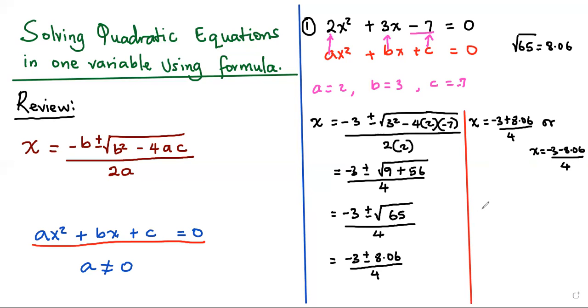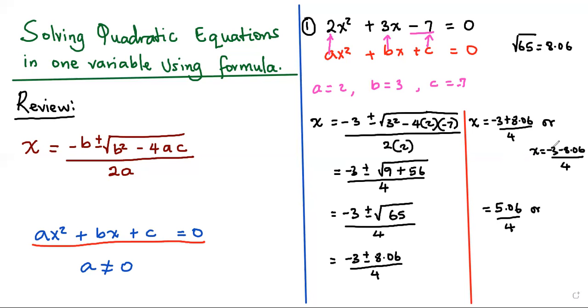And then the first one will give us minus 3 plus 8.06, that will give us 5.06 out of 4.